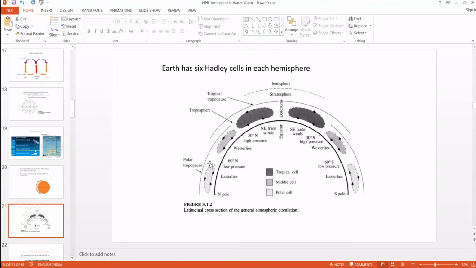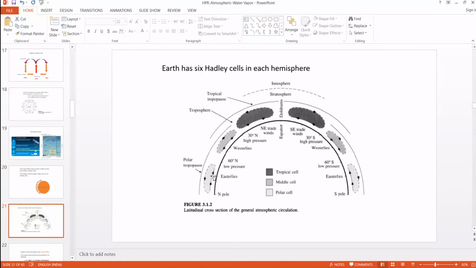Then it goes to the poles, decreases its energy, lands near the pole, and again near the land it blows toward the equator.